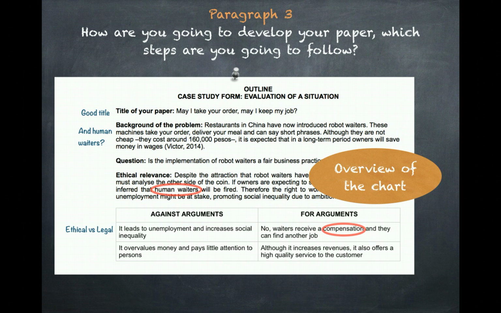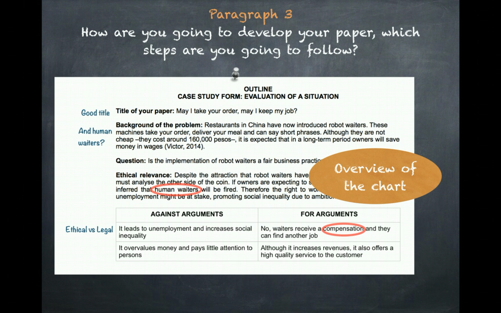We also found that the implementation of robot waiters could be a fair business practice because it does not lead to unemployment, for waiters receive a compensation and they can find another job. And it does pay attention to persons. Yes, it increases revenues, but it also offers a high quality service to the customer.